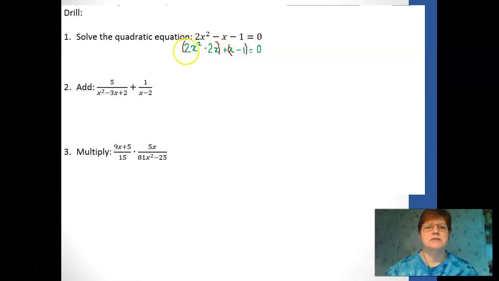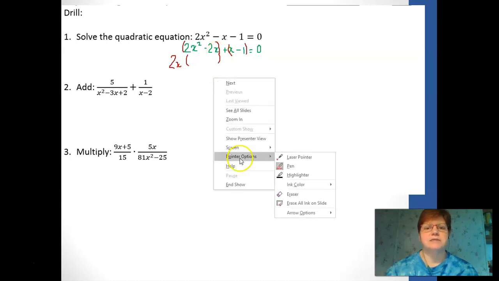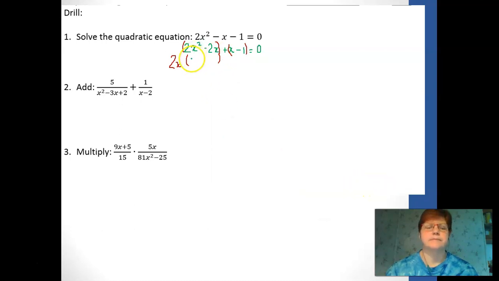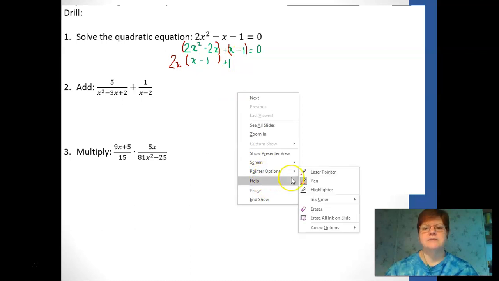The first two both have a 2x, so I take out my 2x, and that leaves me with x minus 1. In the second set of parentheses there isn't a GCF other than 1, so I'm going to put the 1 there just so that I remember it's there, and that leaves me with x minus 1 again.